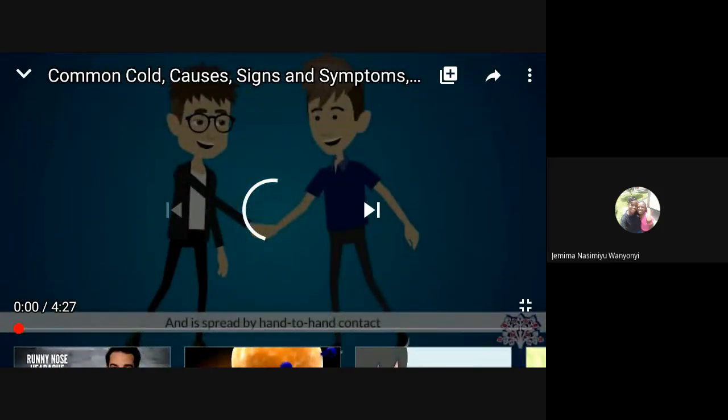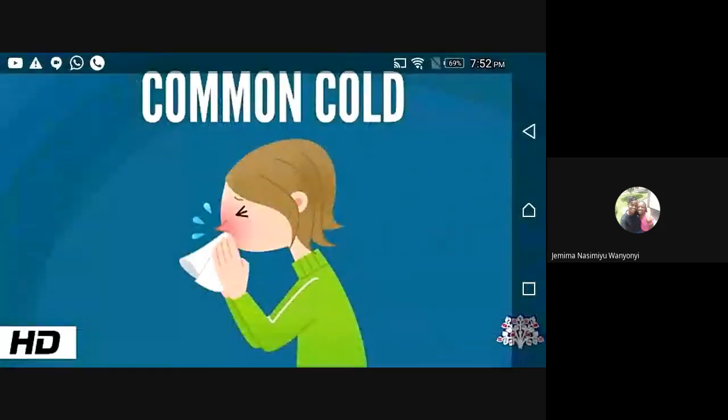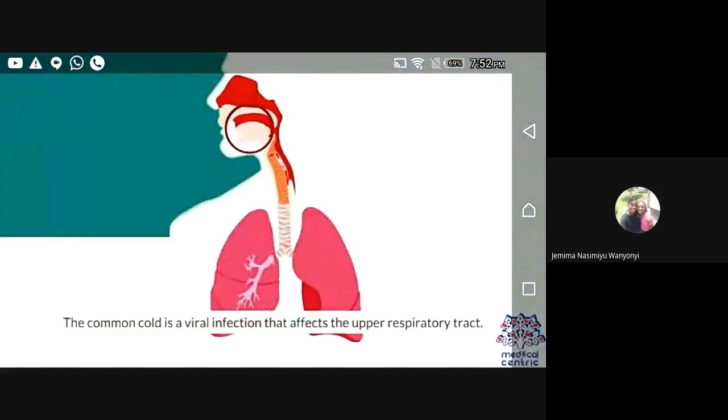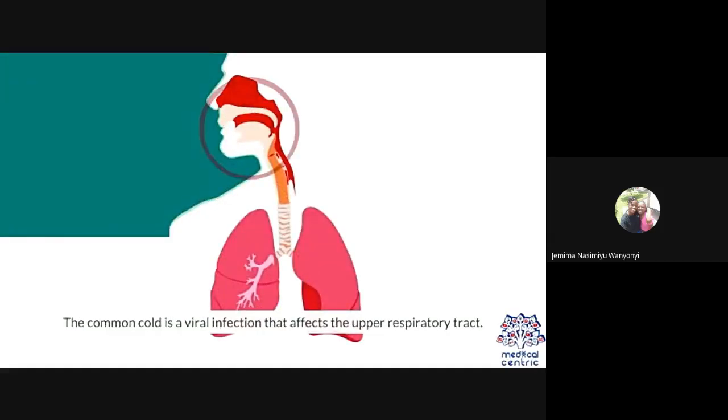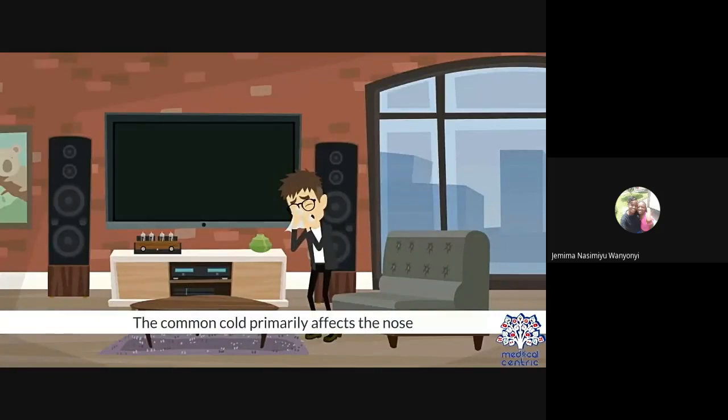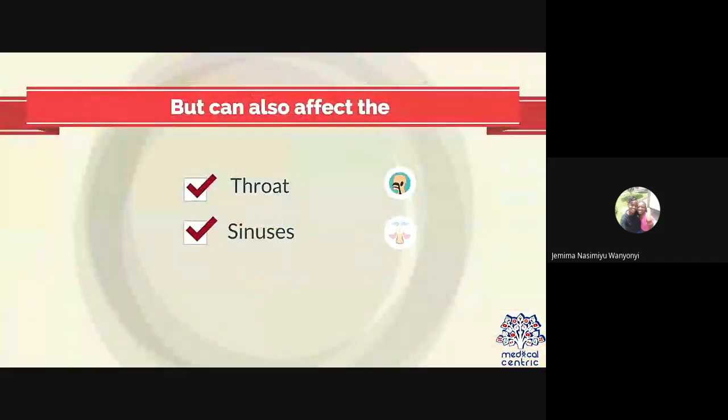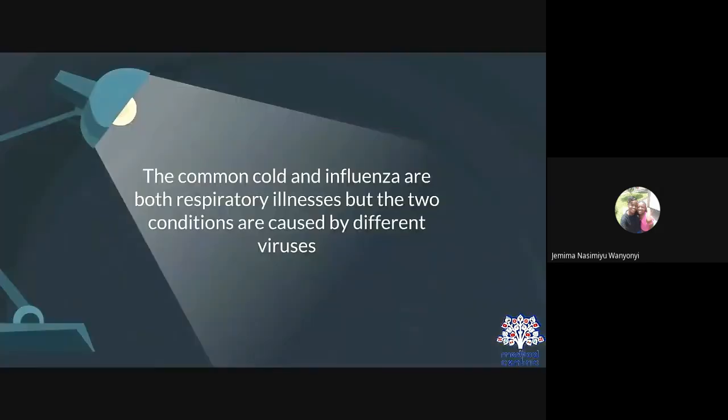Today's topic is the common cold. The common cold is a viral infection that affects the upper respiratory tract. It primarily affects the nose, but can also affect the throat, sinuses, and larynx. The common cold and influenza are both respiratory illnesses, but the two conditions are caused by different viruses.